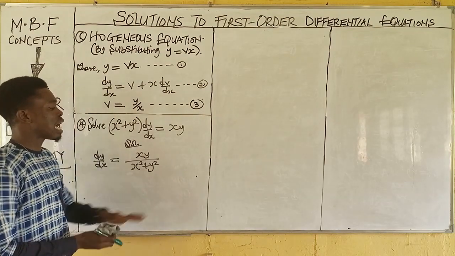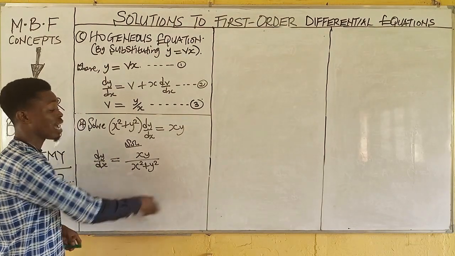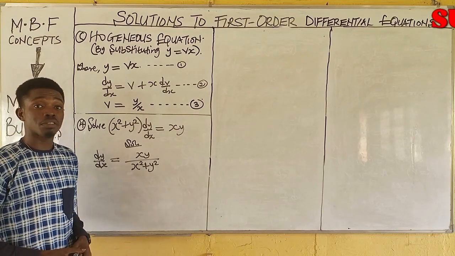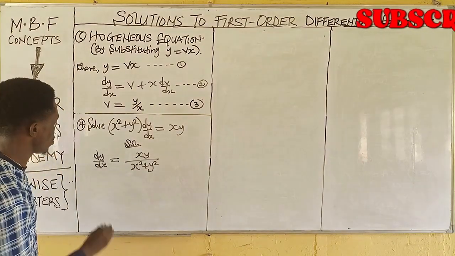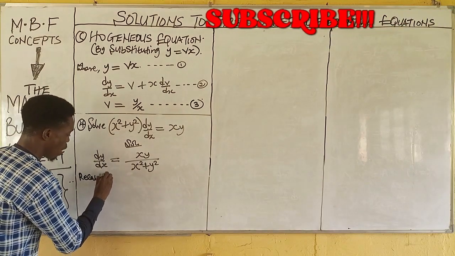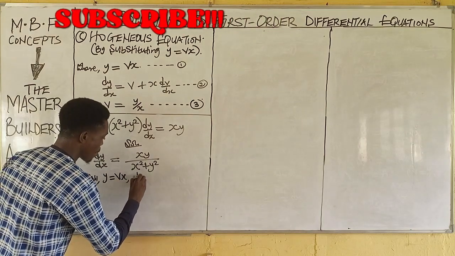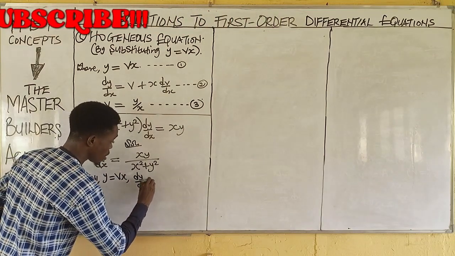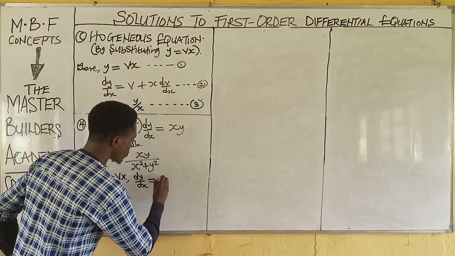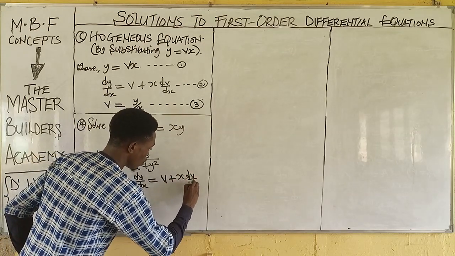Now that we have this, and we know that we cannot separate x from y, all we need to do is to use homogeneous equation. And how do we use homogeneous equation? We simply recall that y is equal to vx and dy over dx is equivalent to v plus x dv over dx.